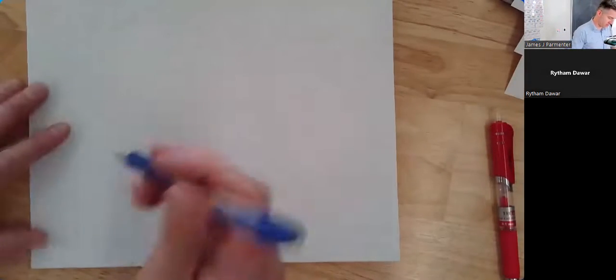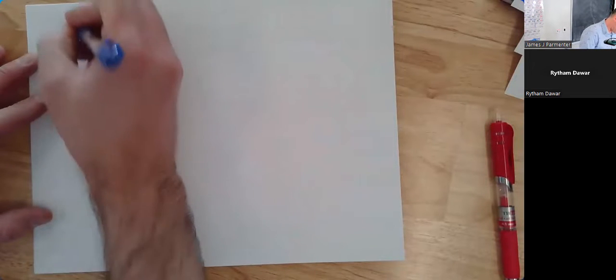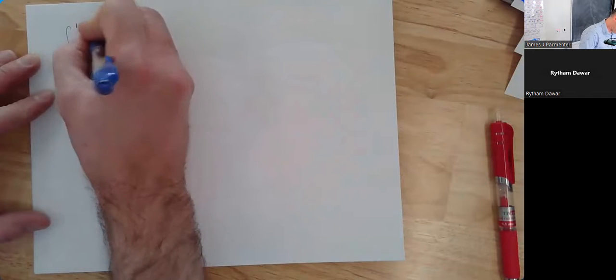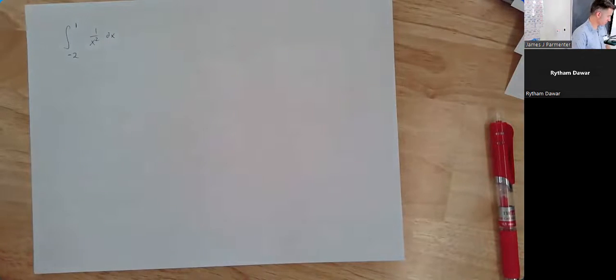Let's say I wanted to do the integral from -2 to 1 of 1 over x squared. Now, it's really important that you don't just blindly do this one the wrong way.